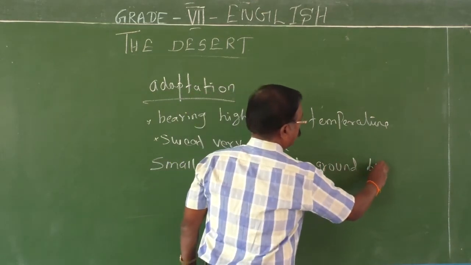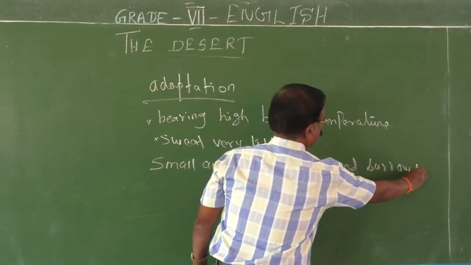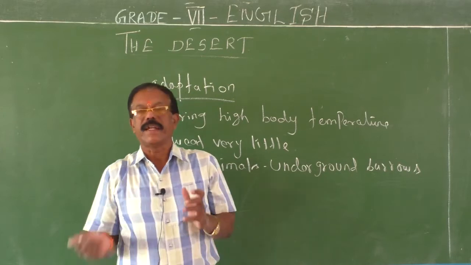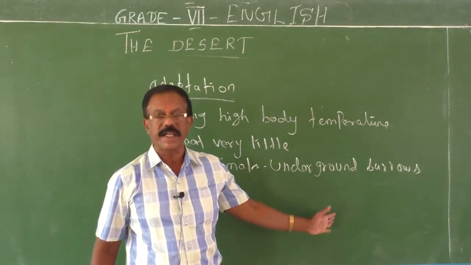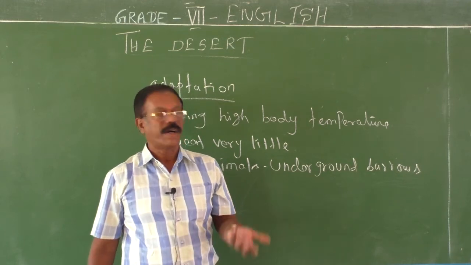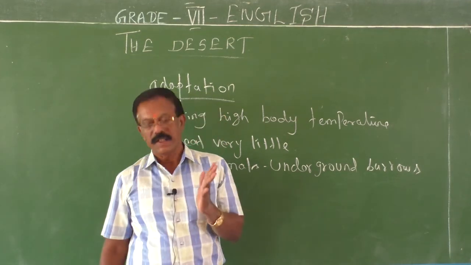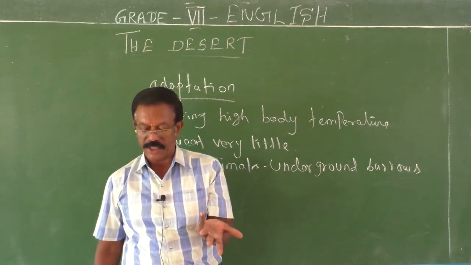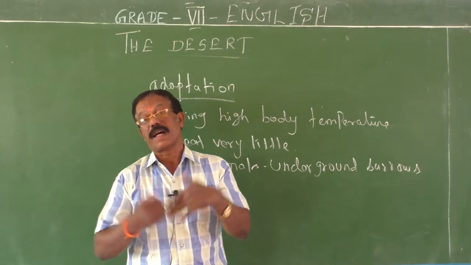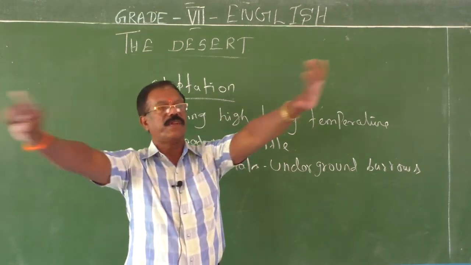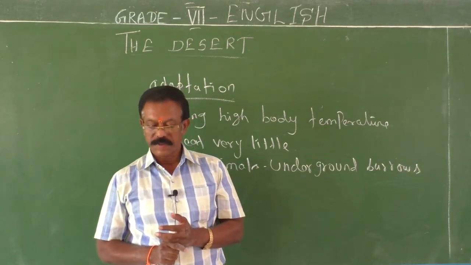Mind the spelling. So they can go and hide themselves in such underground burrows. What benefit can they get from hiding themselves in these underground burrows? This allows them to escape from the extreme desert temperature. So they can keep themselves away from the extreme temperatures prevailing outside or on the surface of the land.